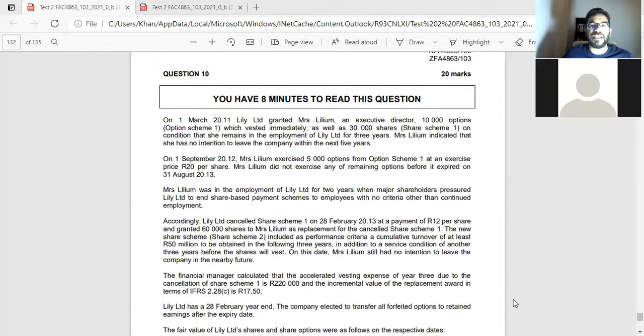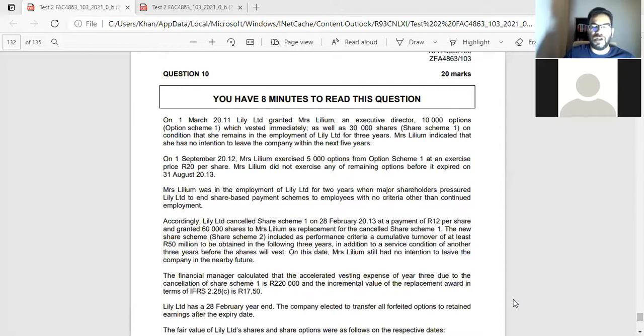So how are we going to work it out? We're giving her 30,000 shares at the grant date fair value of the shares, but for the period we will multiply by 1 divided by 3. We've only covered 1 year out of the 3-year vesting period. So that is happening in year 1.